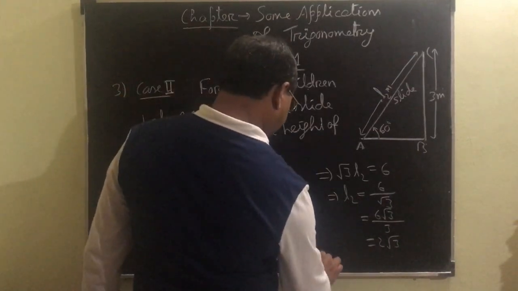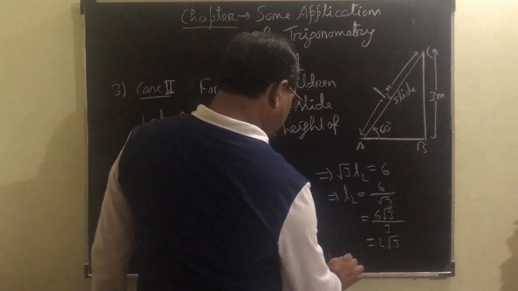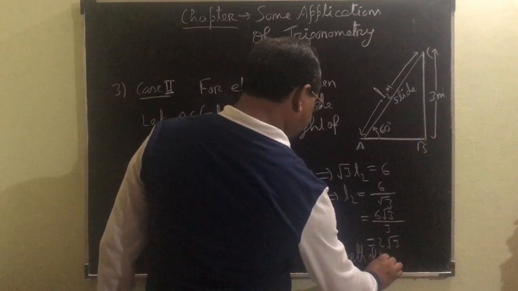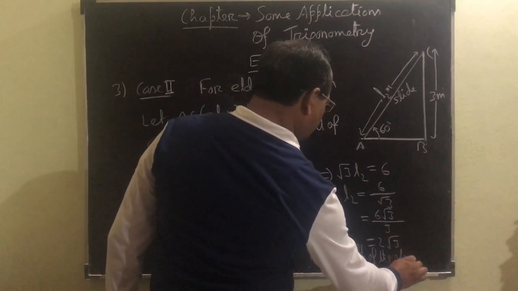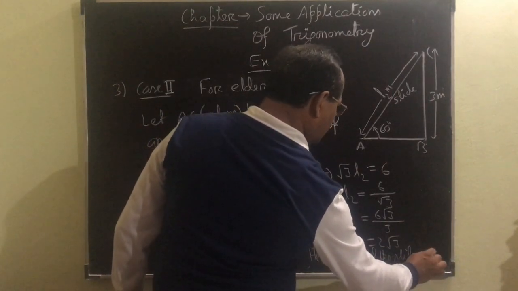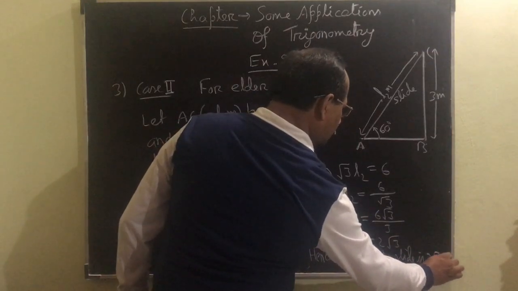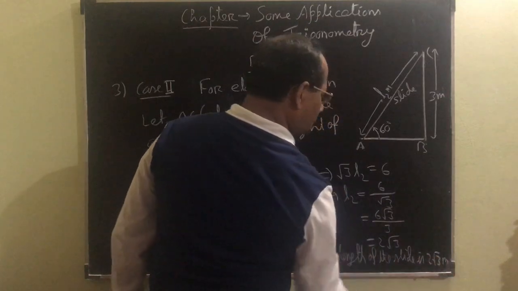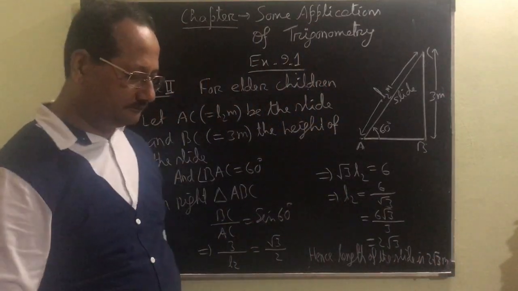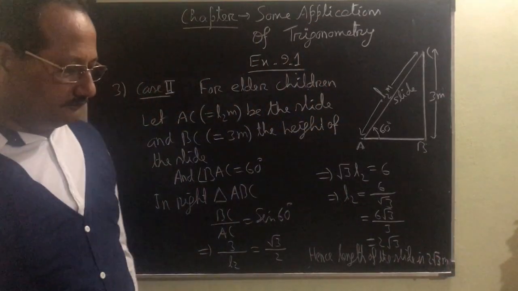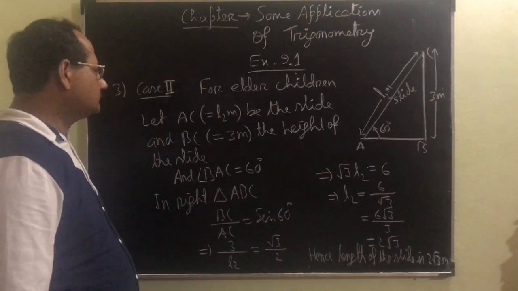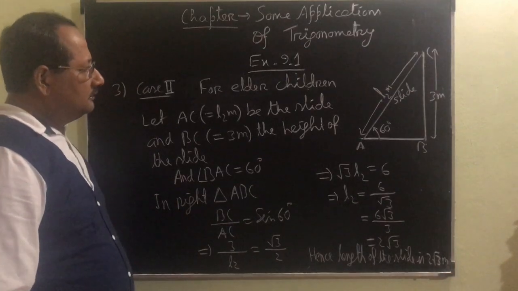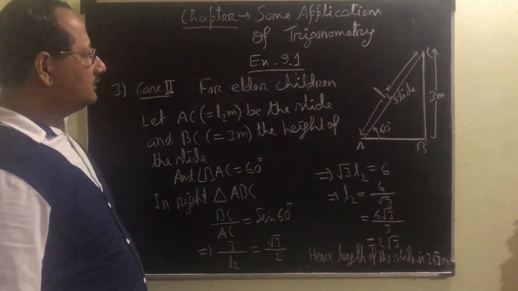Hence, the length of the slide is 2 root 3 meter. This is the question number 3 answer.